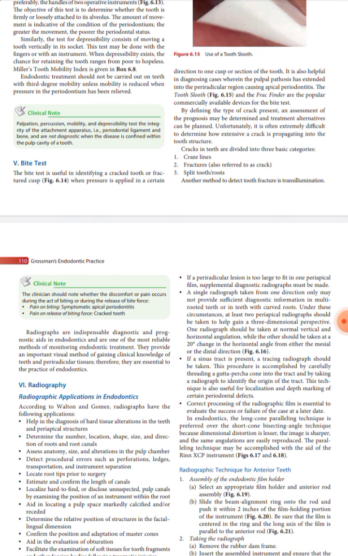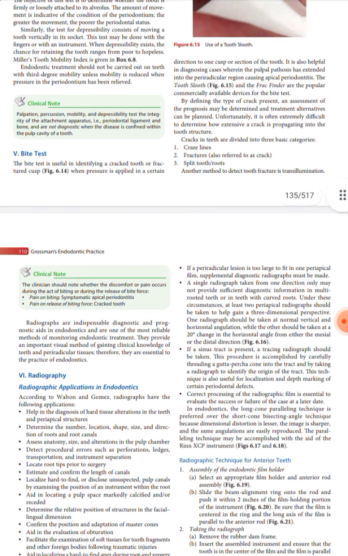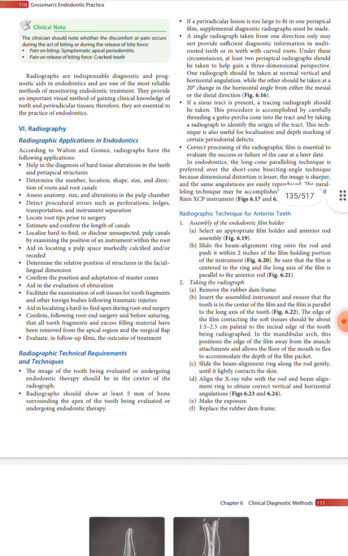Another method to detect tooth fracture is transillumination. The clinician should note whether the discomfort or pain occurs during the act of biting or during the release of bite force. Pain on biting indicates symptomatic apical periodontitis.